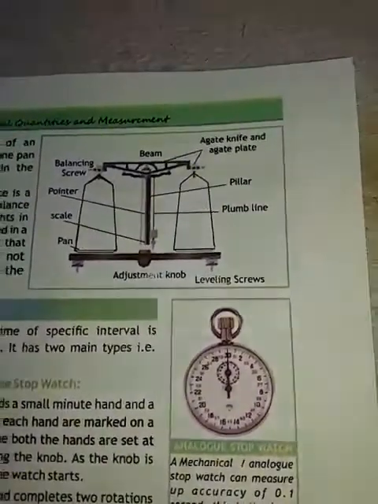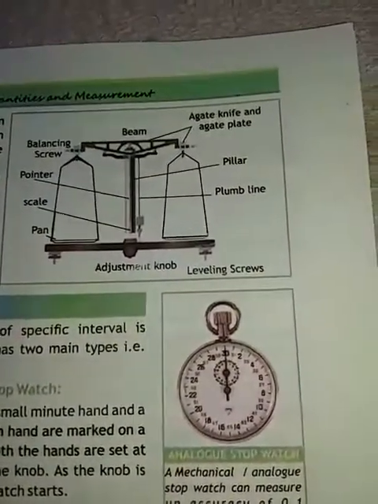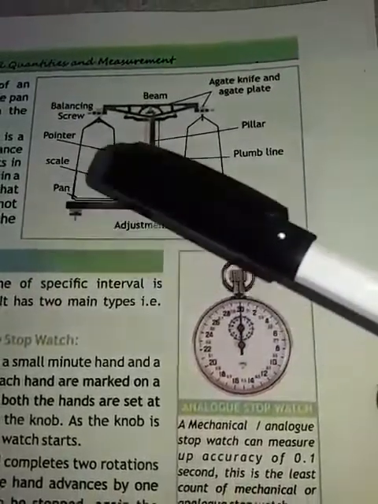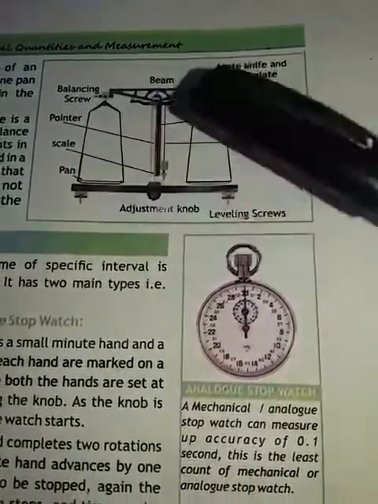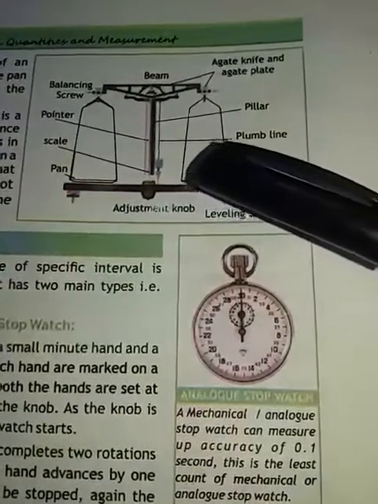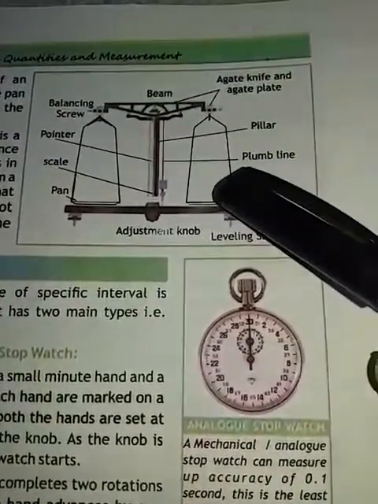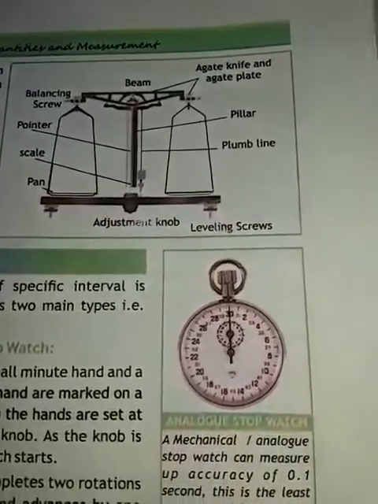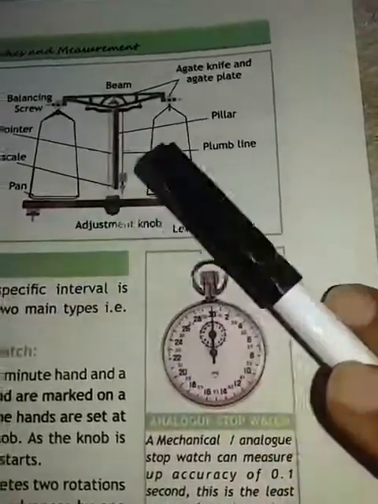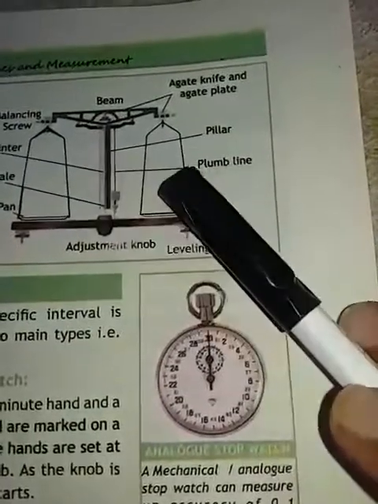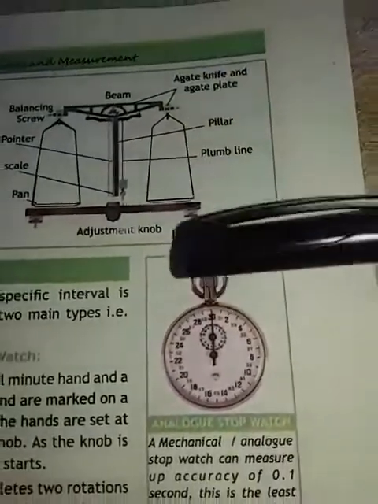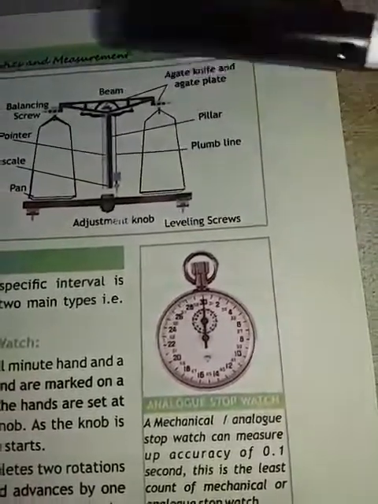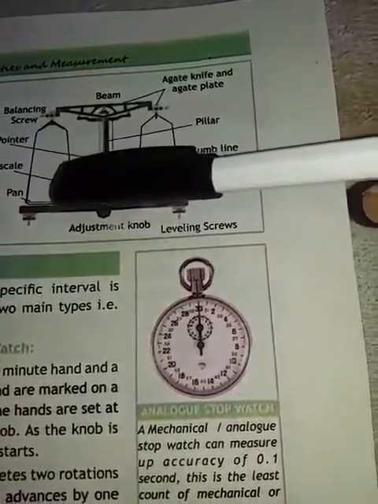We need some known masses, some known weights. Known weights are placed in one pan and the unknown object is placed in the other pan. Suppose in this pan the unknown object is placed, and in this pan a known object is placed.